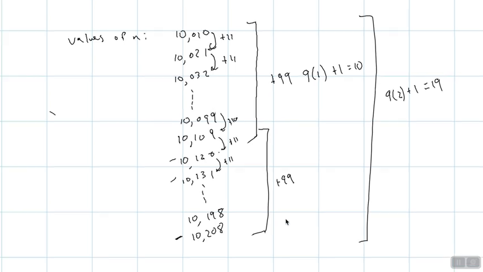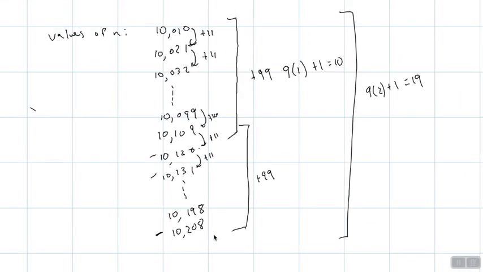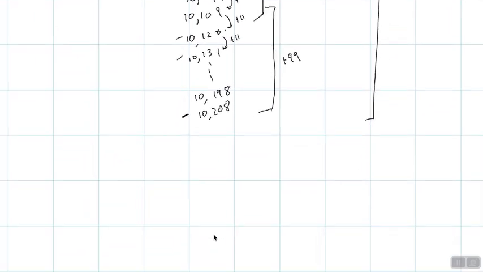So basically, if we can find the largest value of n, then we can figure out how many values of n exist such that q plus r is divisible by 11.